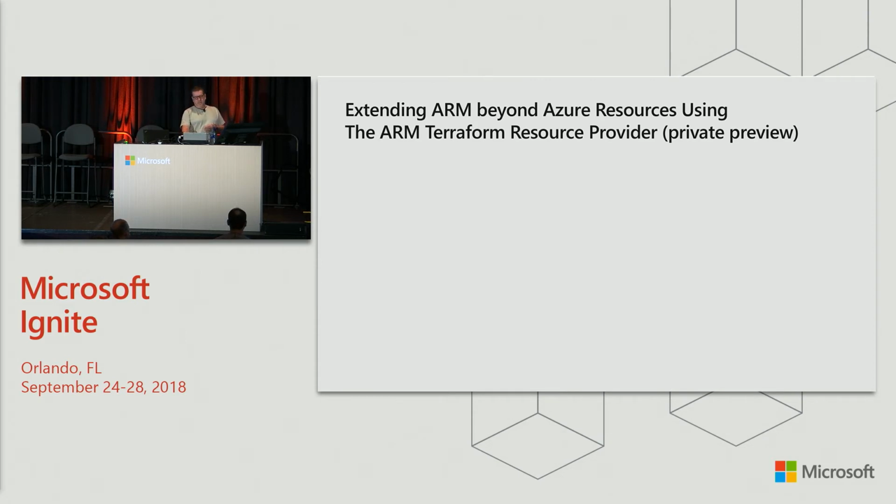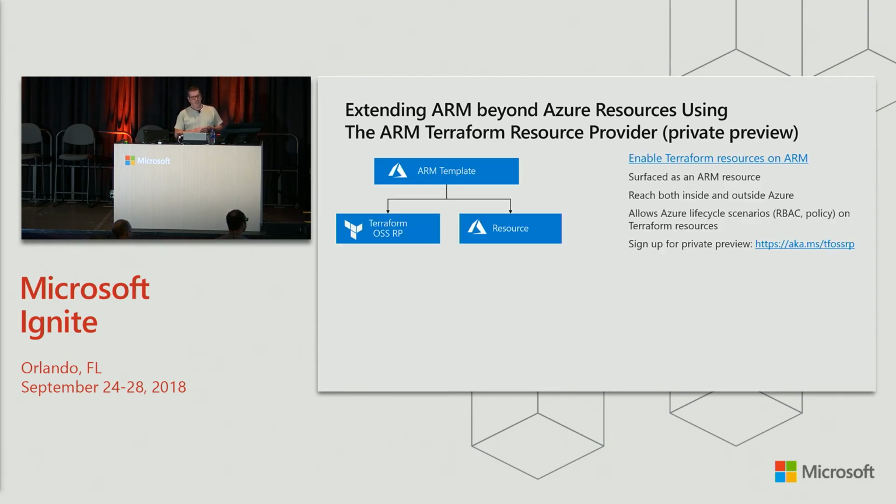So what we've created then is a resource provider that you can think of as a wrapper around Terraform. It enables you to make ARM resource calls and have those resource calls invoke Terraform providers. Now that means that from the outside, these things just look like any other ARM resource.